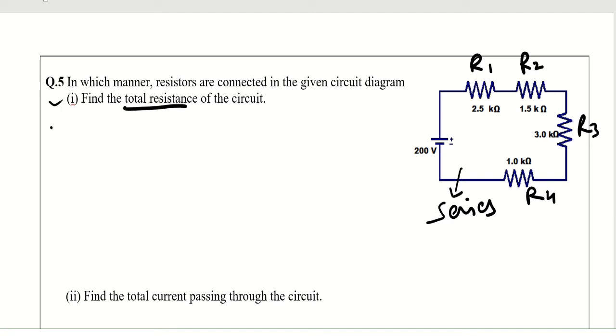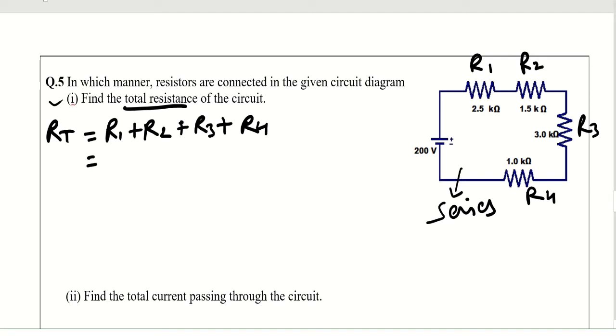The formula for the total resistance is R1 plus R2 plus R3 plus R4.